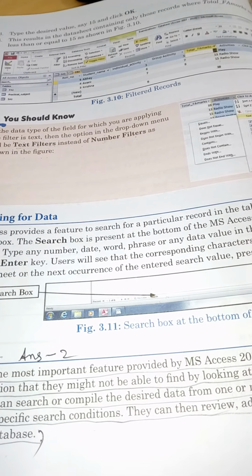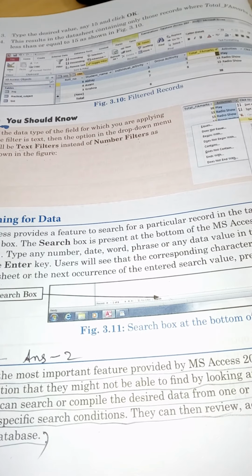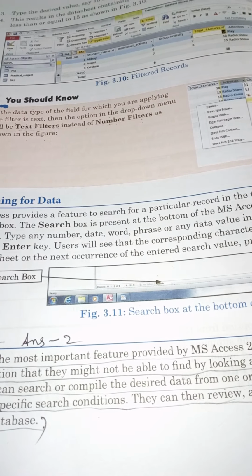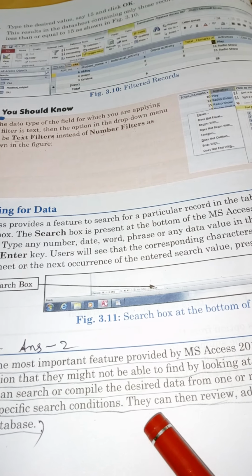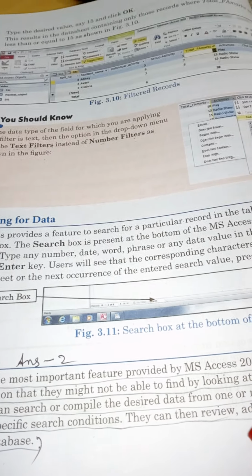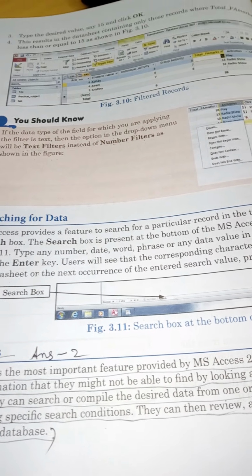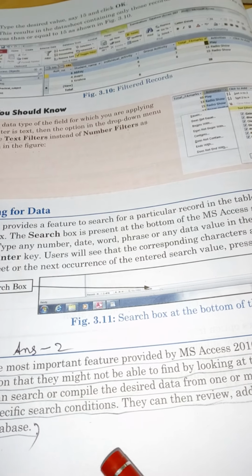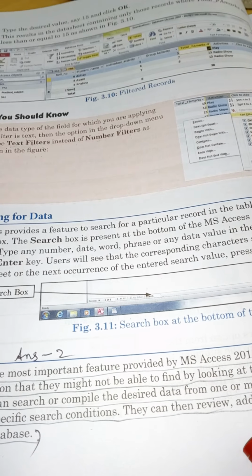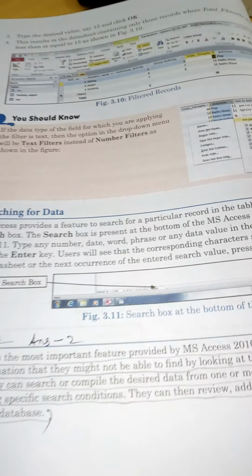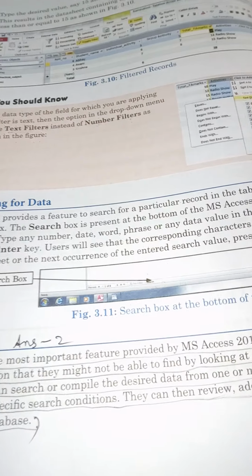With the help of that, the user can collect the information. Using a query, they can search or compile the desired data from one or more tables in a datasheet by defining a specific search condition. They can review, add, change or delete data from their database.